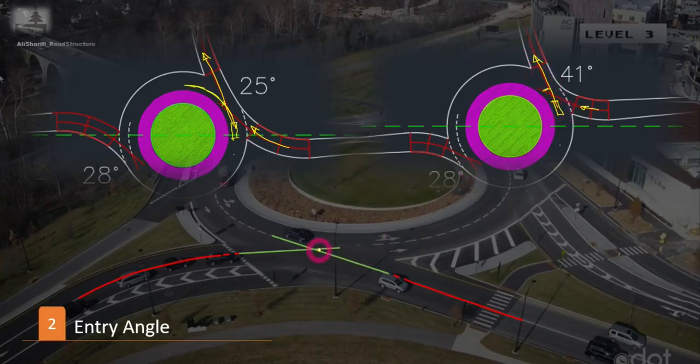To make it more clear, let's have a look at this figure here. Due to the proper entry angle for this entry, it's obvious that entering traffic can easily recognize that this driver is going to leave the roundabout, so they have to yield to this driver and give priority to this driver.